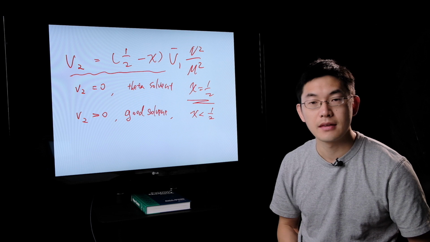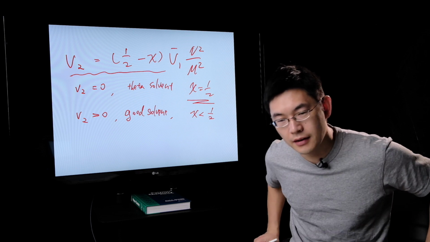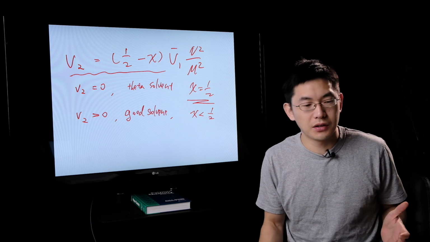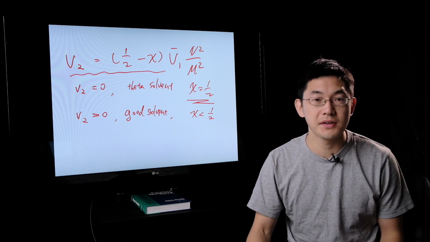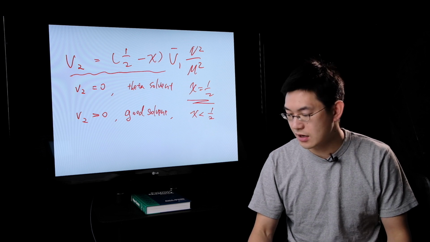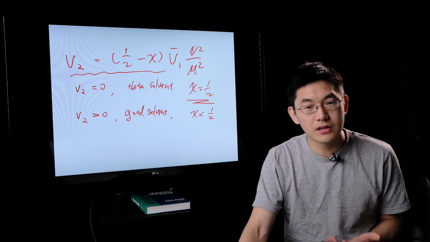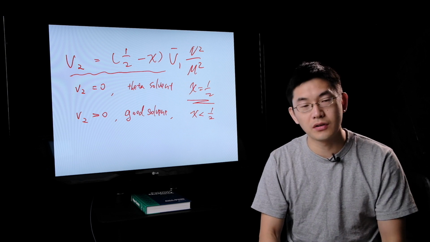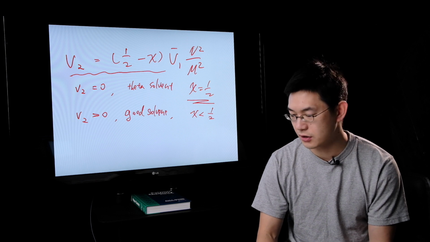We also talked about cases where you don't have a thermal exchange, which we call athermal solvents. In this case, your chi would be 0. And in that scenario, chi of 0 is much smaller than 0.5. That means you have a very good solvent.